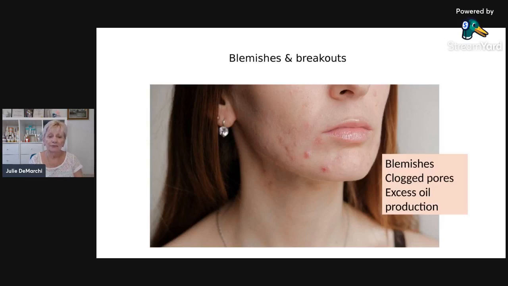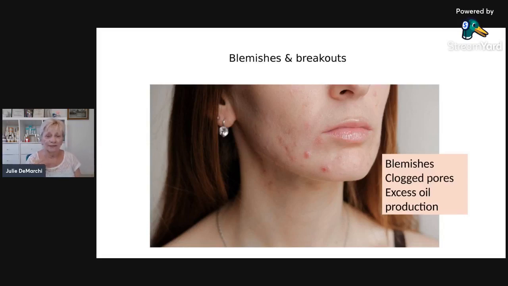Mostly it's more often than not that it's with oily skin. They'll see that sort of shine all over, or particularly with the T-zone. And you'll notice that the pores will be a bit enlarged and the skin can be quite coarse. So ways you can tell, you'll see blemishes, clogged pores, excess oil production.